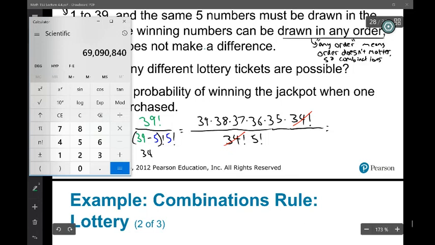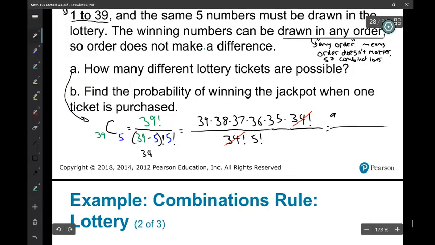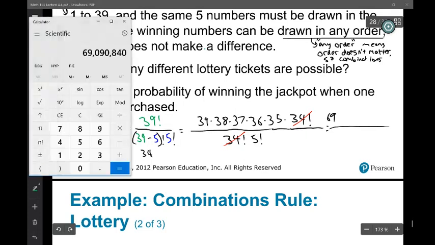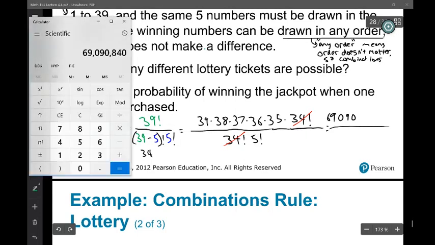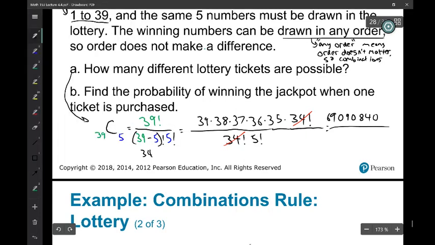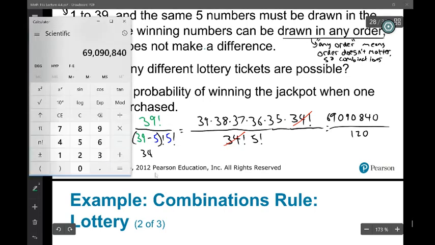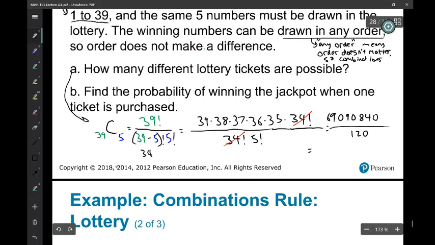Wow, that's a lot. 69,090,840 divided by 5 factorial, which is 120. And still a lot.